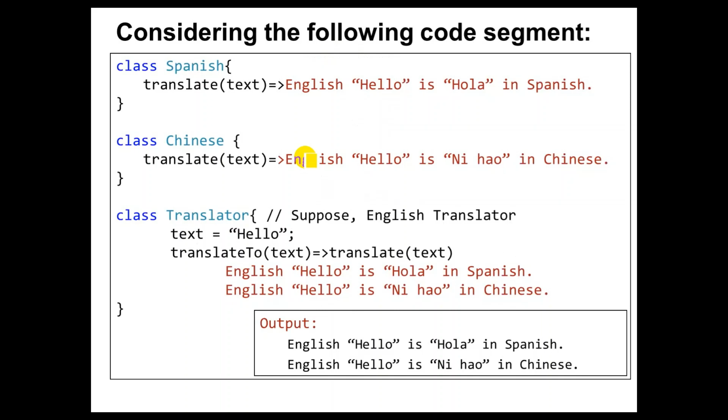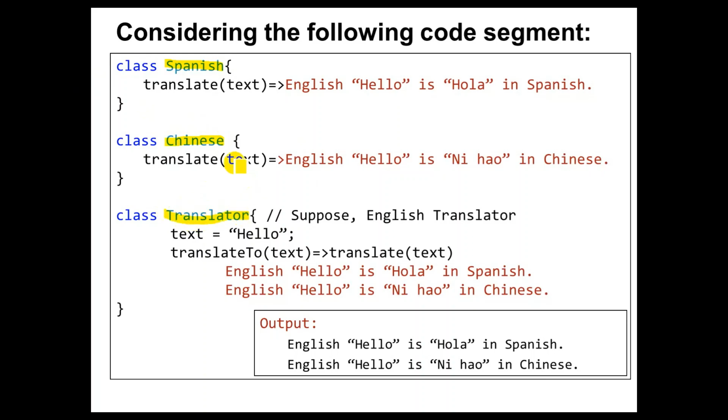You see a code snippet here, right? I will explain the principle and why we need to learn this principle with the help of this code segment. So first let us look at the code segment. You can see that we have a class called Spanish, another class called Chinese, and one more class called translator.